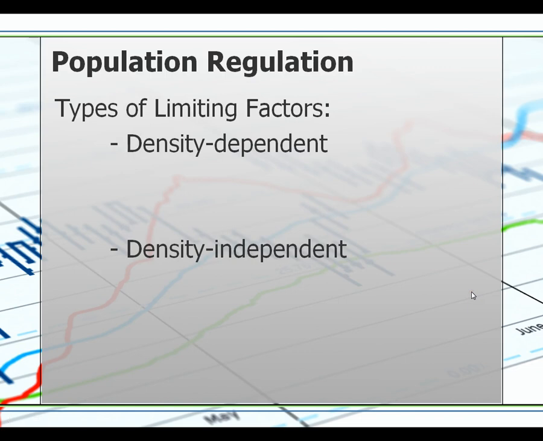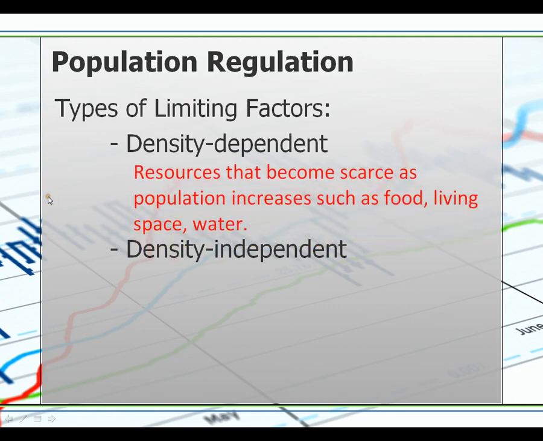Population regulation. There are two types of limiting factors. We've already mentioned what a limiting factor is. There are factors that depend on the number of individuals in the population and those that don't depend on the number of individuals. So, density dependent. These are resources that become scarce as the population increases, such as food, living space, and water.